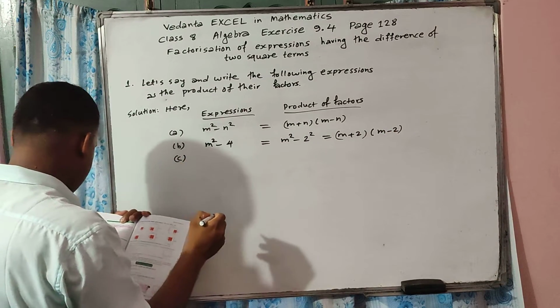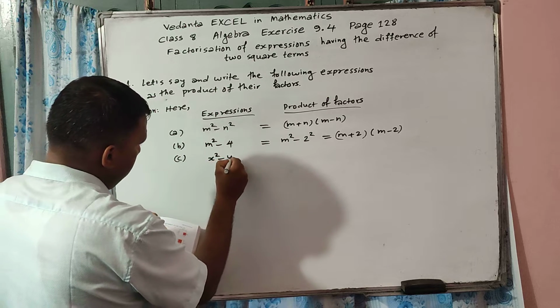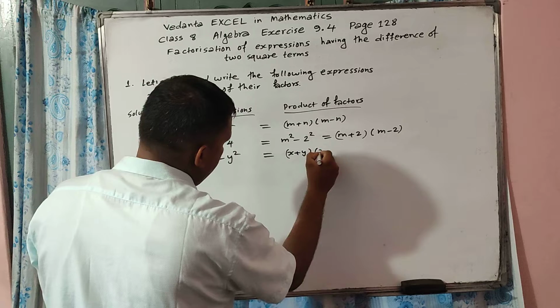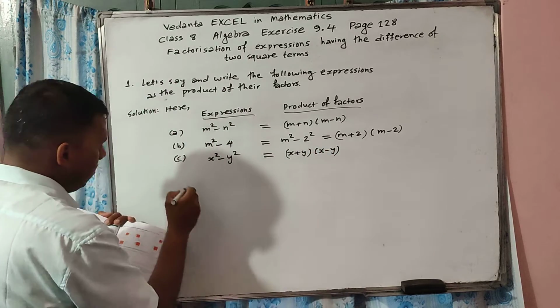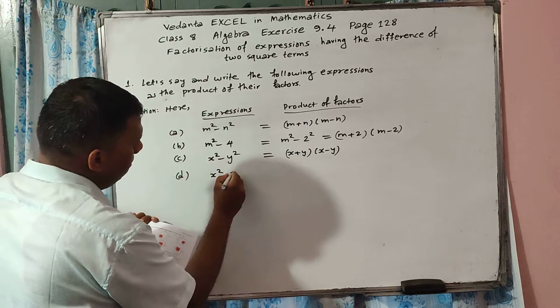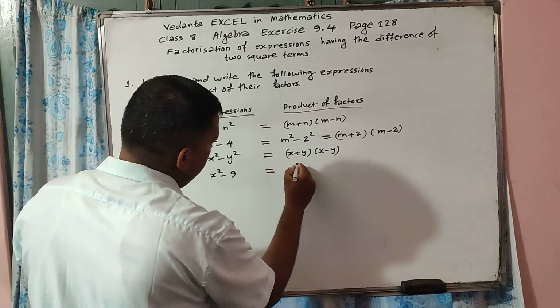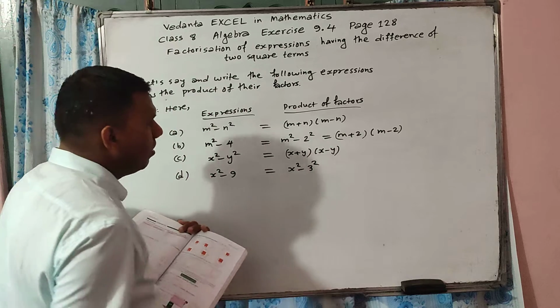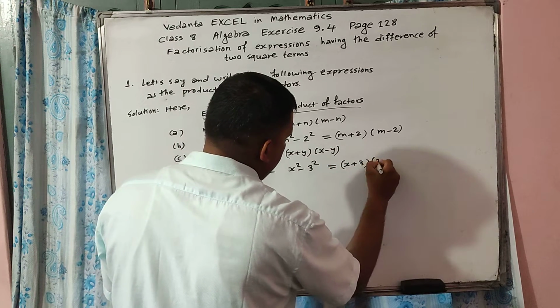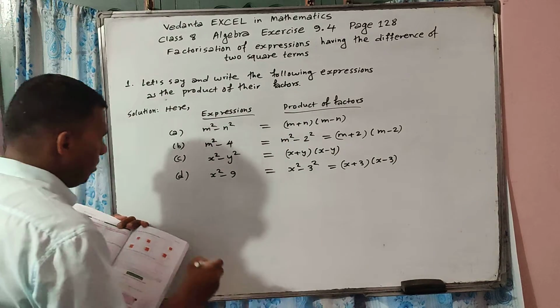Next, C, x square minus y square. This is equal to x plus y, x minus y. Next, D, x square minus 9. This is equal to x square minus 3 square. This is x plus 3, x minus 3.